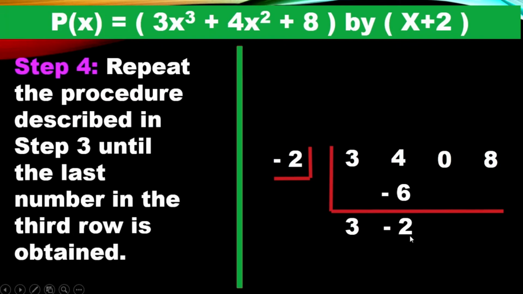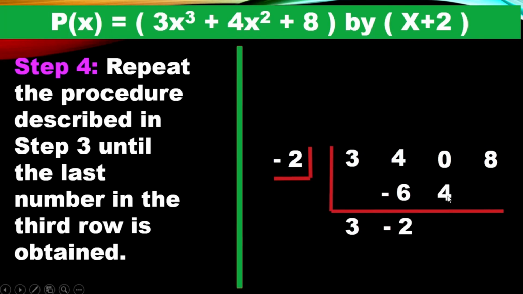Next, repeat the procedure described in step number 3 until the last number in the third row is obtained. Okay, again, in this example, we bring down 3 and then we multiply it by negative 2. So, 3 times negative 2 is negative 6. And then we add 4 plus negative 6 is negative 2.